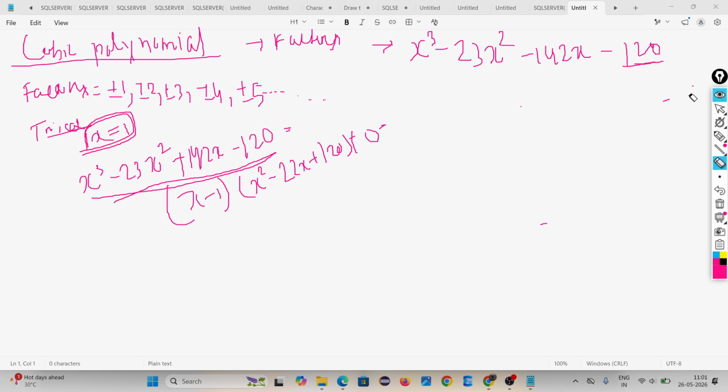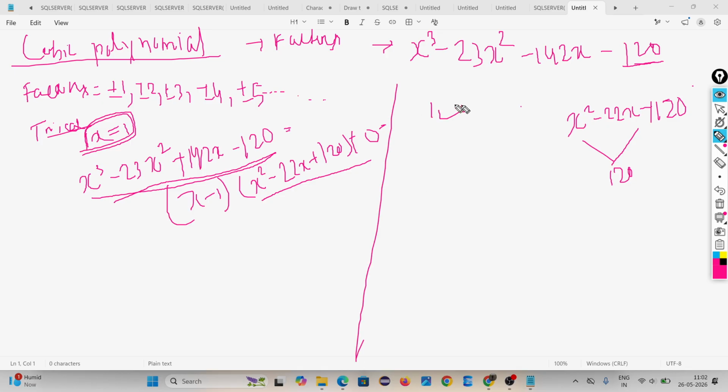Then what should we do? Look, now this is a quadratic polynomial. You know how to find the factor? Yes, sir. Take the prime factorization of 120. 120 to 60 to 30 to 15 to 5 to 1.